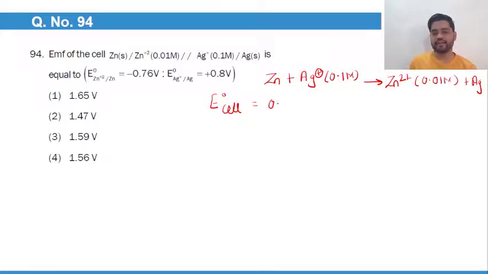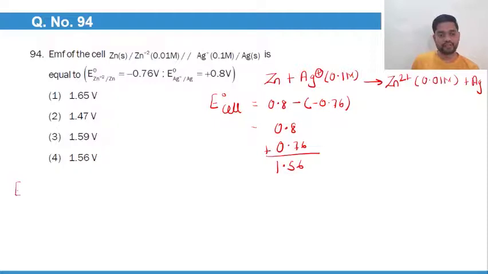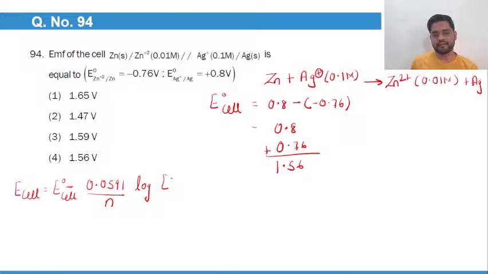So right hand side is 0.8 of silver minus minus 0.76. So it will be 0.8 plus 0.76. So it will be 1.56. And then E of the cell is equal to E naught of the cell minus 0.0591 divided by n, log of the concentration of product to the concentration of reactant, that is Ag plus.